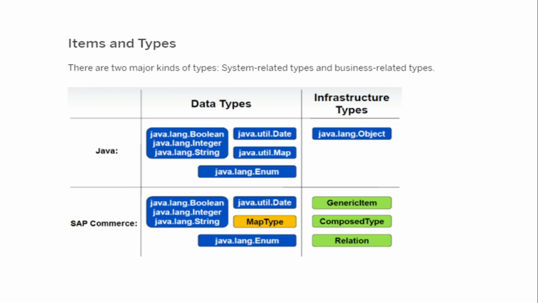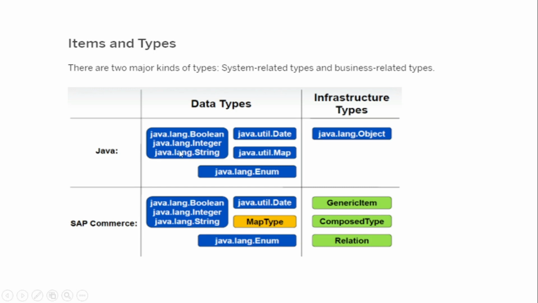Those are basic data types that come under the system related data types. And business related types are the data types provided by Hybris custom, that is for Hybris purposes only and not related to any technology or specific language, like order, cart, product. That is related to business, like commerce business or B2B, B2C.